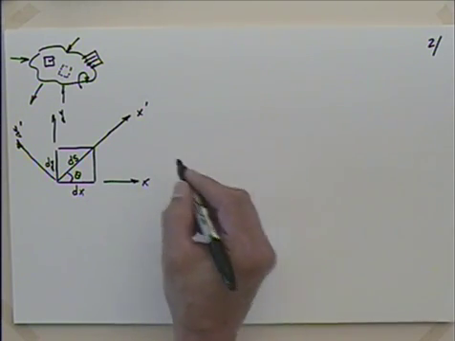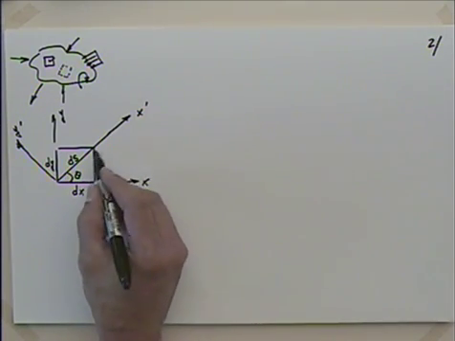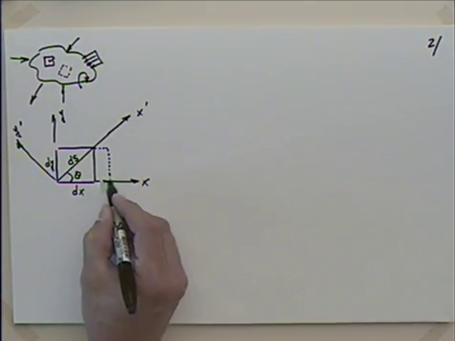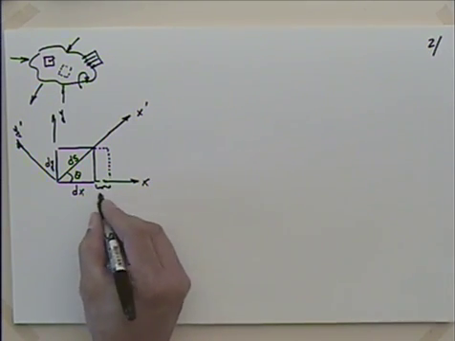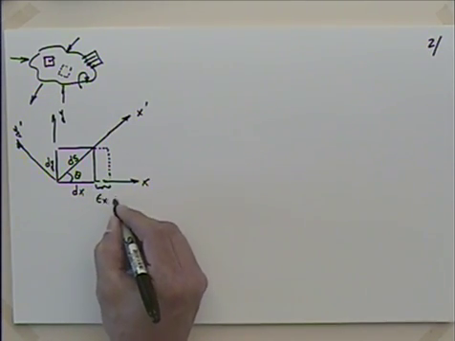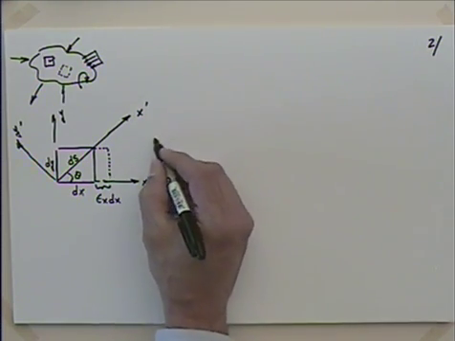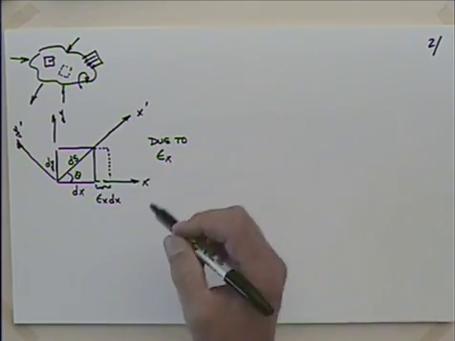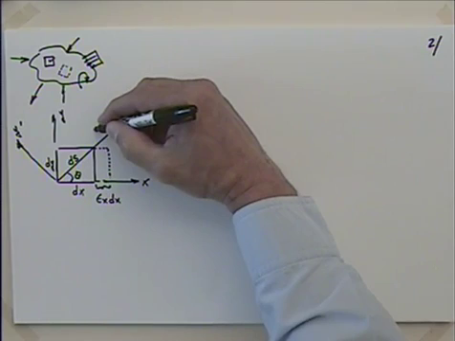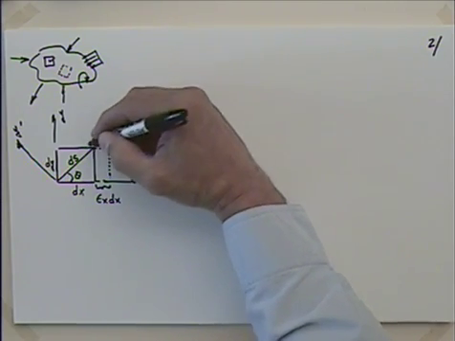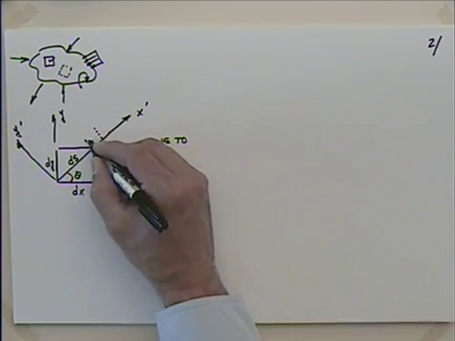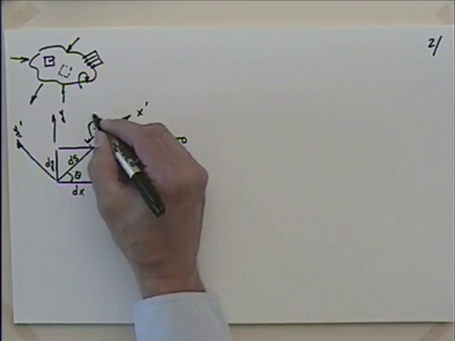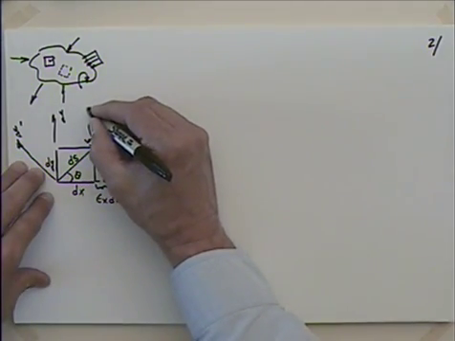Well, if I talk about strain in the epsilon x direction, it stretches and gets longer in the x direction, doesn't it? So this stretching or strain here would be epsilon x times dx, wouldn't it? So we could say this is due to epsilon x. And if I look at what happens on this new x prime axis, I have this distance in here, which is given by what?